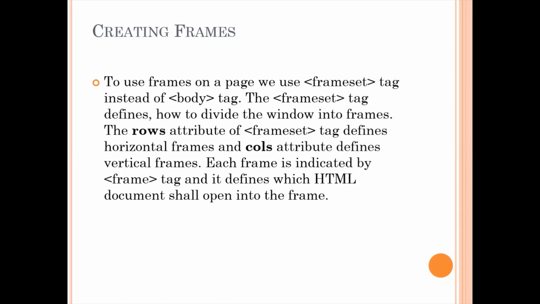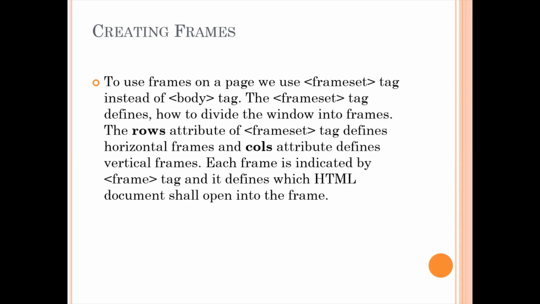Now, creating frames. To use frames on a page, we can use the frameset tag instead of body. It means when we are using the frameset tag, we will not use the body tag. Clear?